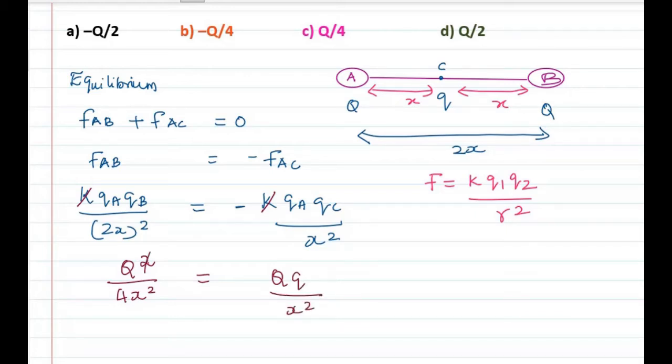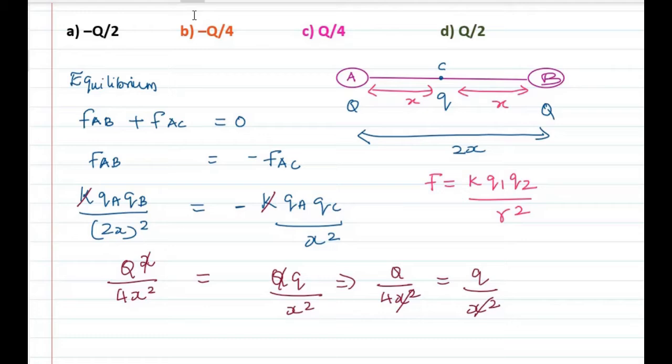Now we can cancel one Q. Then from this we have Q by 4x square is equal to q divided by x square. So we can cancel x square.